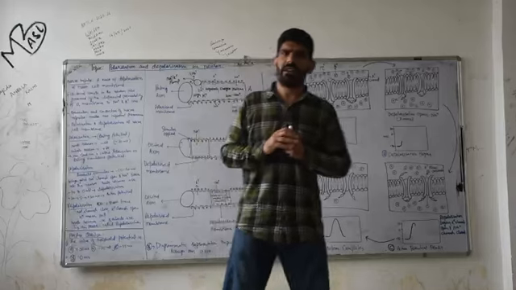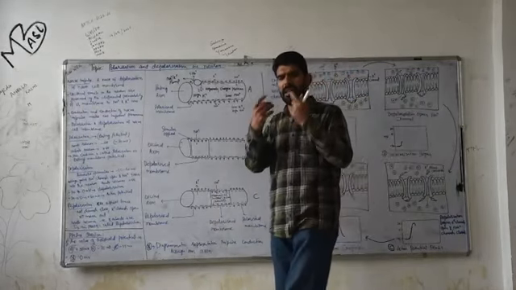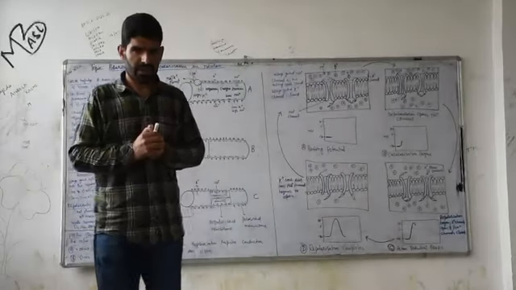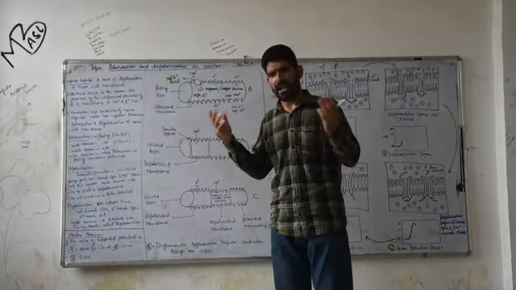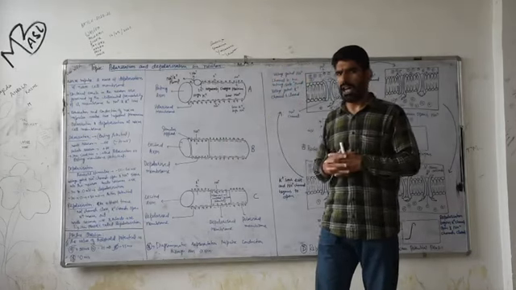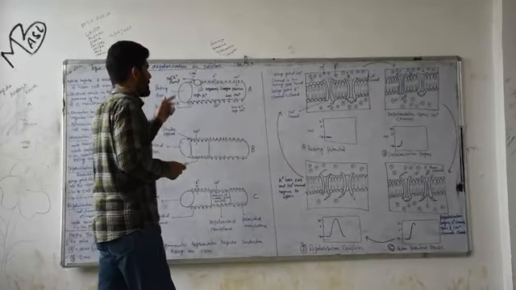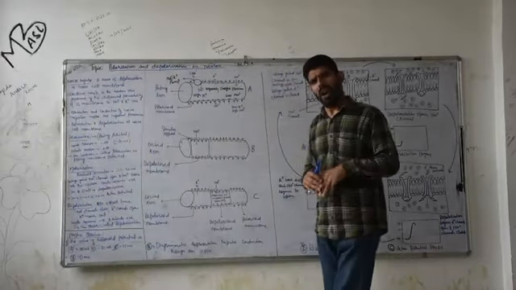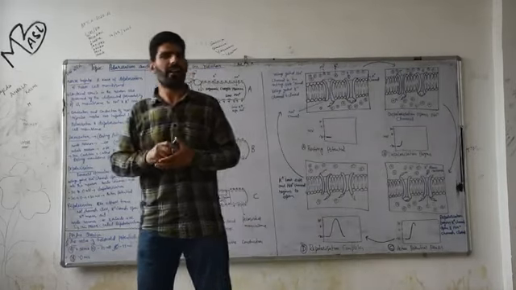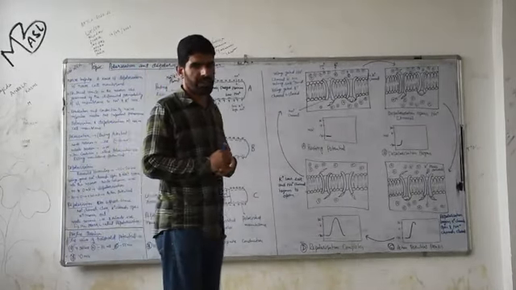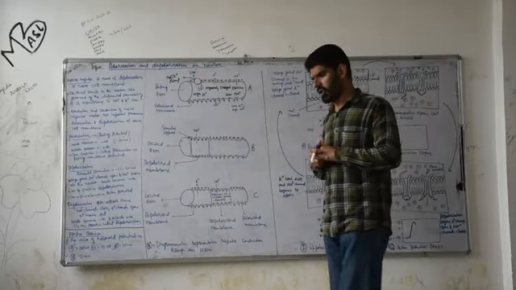When we talk of a neuron, it is bathed in extracellular fluid, and this extracellular fluid has cations and anions. It has sodium, it has potassium, it has chlorine, and the cytoplasm of the neuron also has cations and negatively charged proteins. The cations in the cytoplasm include sodium and potassium.